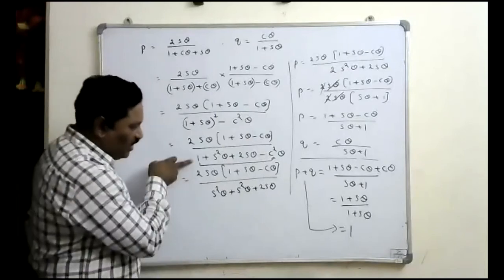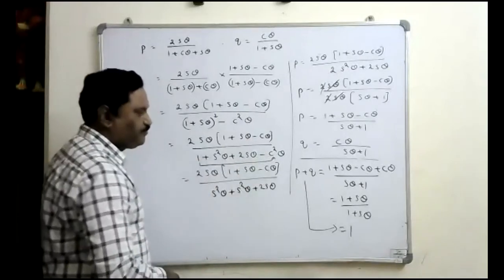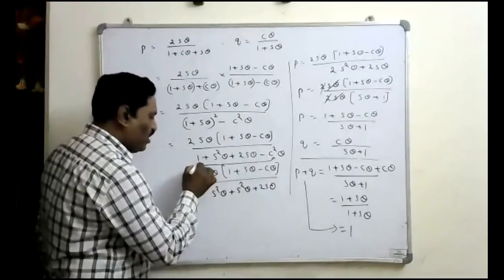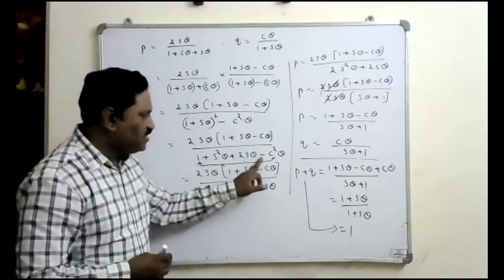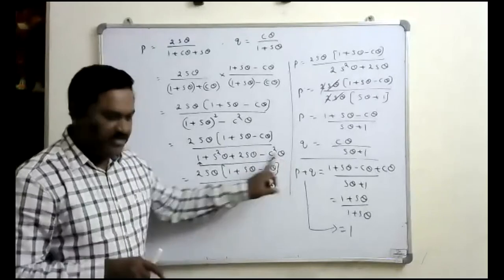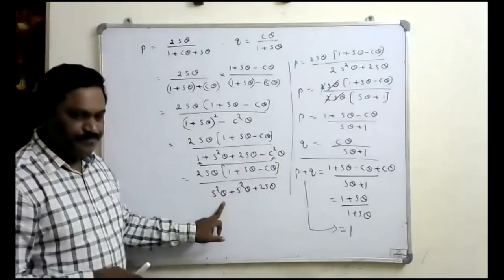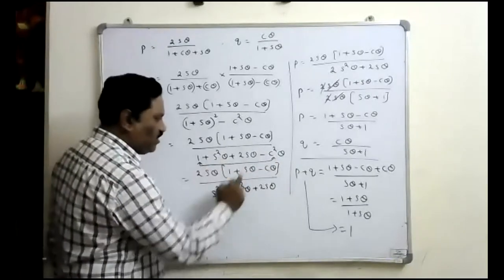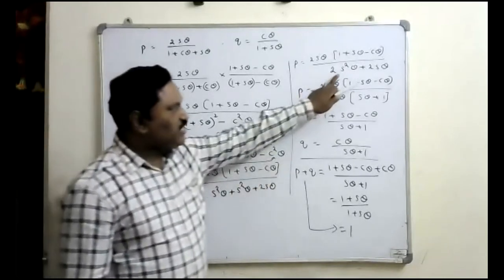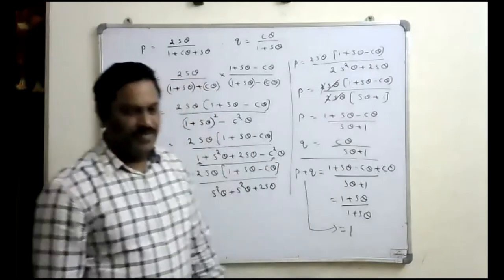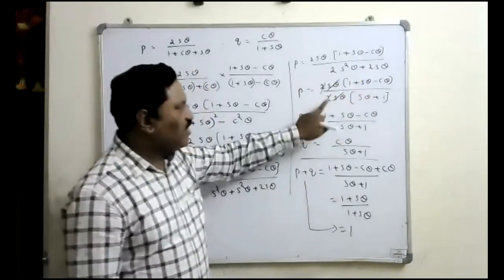Now look at the first term and the last term. First term 1, last term minus cos square theta. So this 1 minus cos square theta we can write as sin square theta. That sin square theta I have written there. Plus sin square theta plus 2 sin theta. Sin square plus sin square is 2 sin square theta plus 2 sin theta. From the denominator we can take 2 sin theta common.